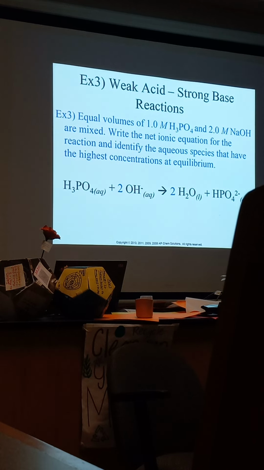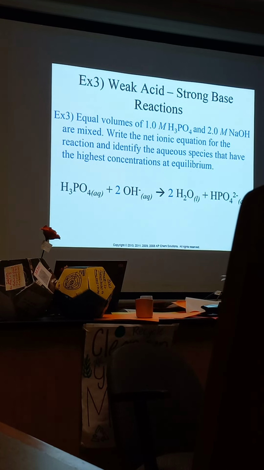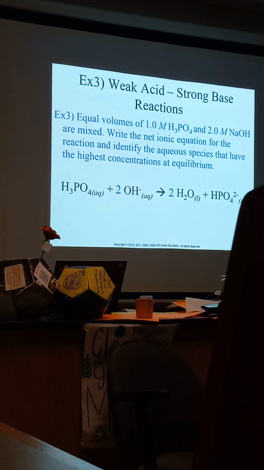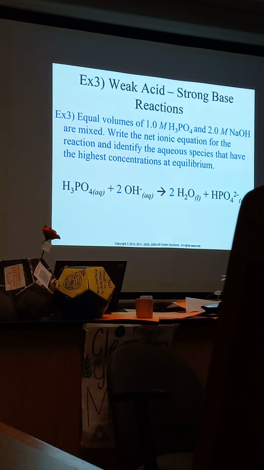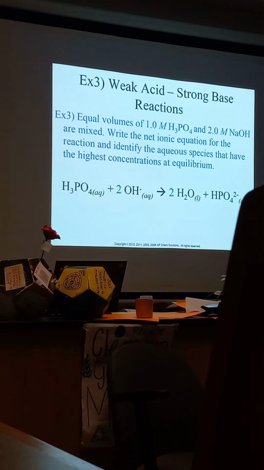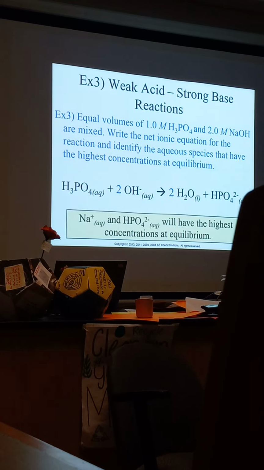So now what is going to have the highest concentration, guys? Still the Na, but what about this one? Go ahead, Daniel. You mean HPO4 2 minus? Yeah, good. So now it's the HPO4 2 minus.